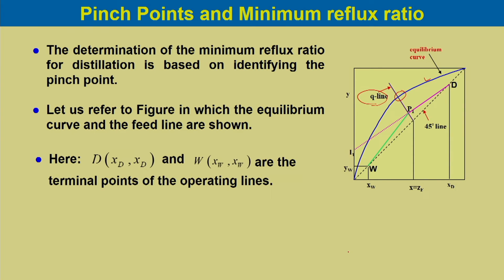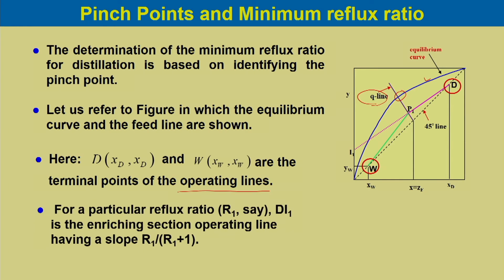Now, here we have 2 points. Point D is the rectifying section starting point having the coordinate xd, and you have another point in the stripping section, xw. These are the 2 terminal points of the operating lines.